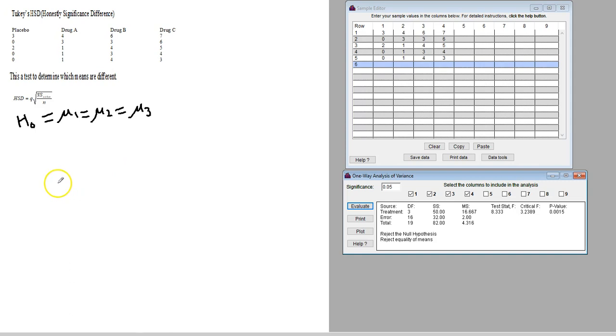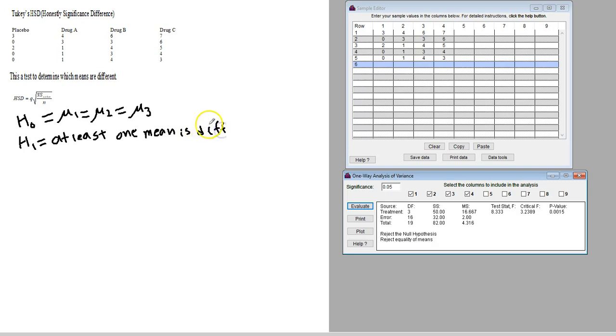It is the case that we are interested in when you reject the null hypothesis. When you reject the null hypothesis, the alternative hypothesis is that at least one mean is different.